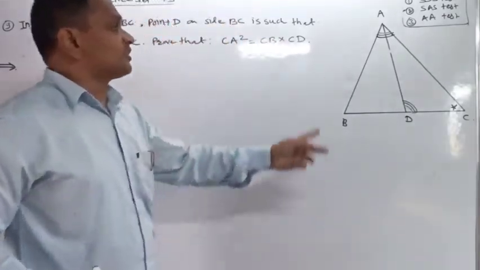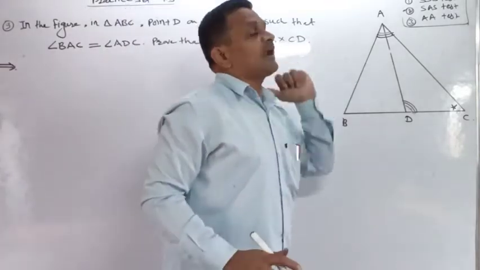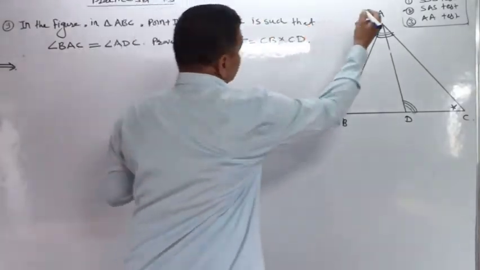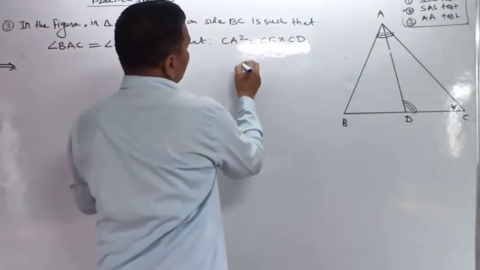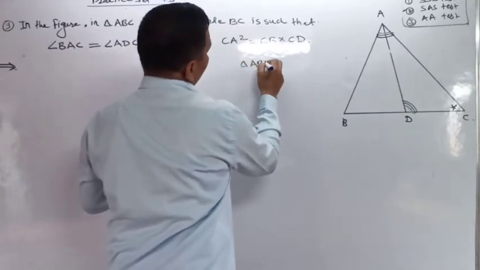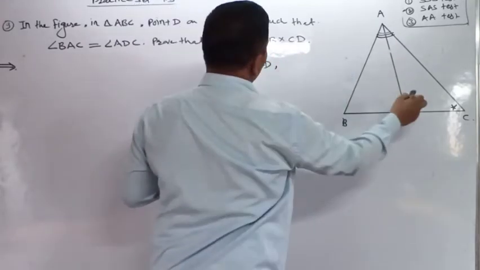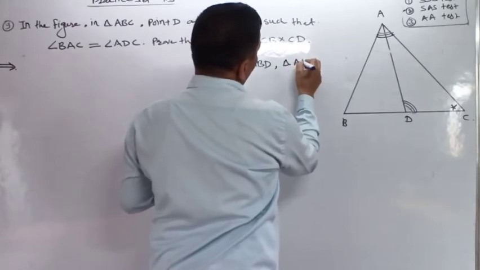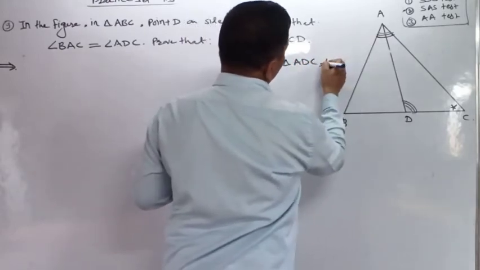Friends, here are three triangles, two small triangles and one bigger triangle. First, which are the two small triangles? Triangle ABD, triangle ADC, and triangle ABC.